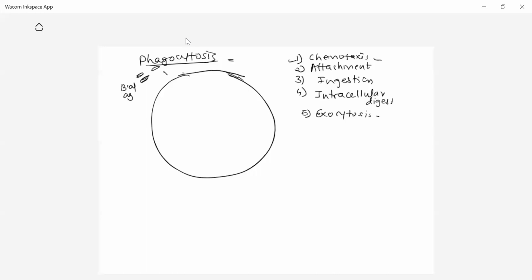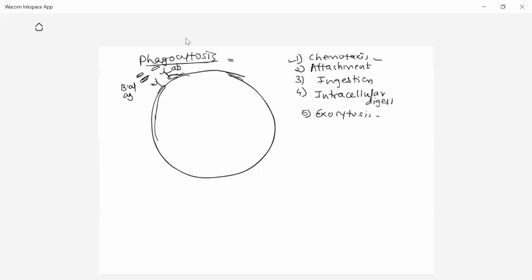For the attachment, there are certain receptors. These receptors are antibodies, especially IgD antibody, present on the surface. These are called opsonin antibodies, on which the antigen gets attached, and that antigen is engulfed by forming pseudopodia.